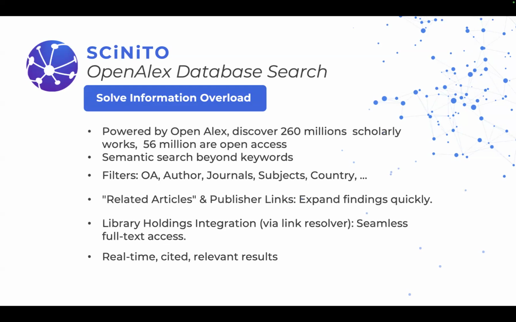As I mentioned before, behind the database is OpenAlex, with 260 million scholarly works. Scholarly works can be conference proceedings, preprints, peer review articles, book chapters, posters, right? So there are different types of scholarly works. 56 million are open access.